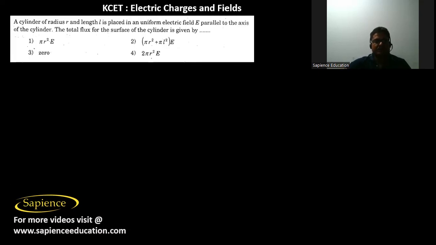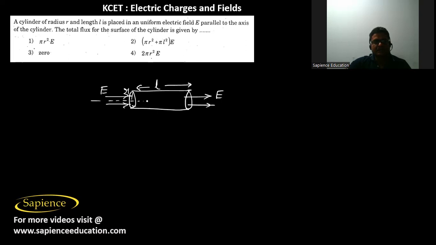Then here it is told that a cylinder of radius r and length l is placed in a uniform electric field E, which is parallel to the axis of the cylinder. So it is a cylinder whose radius is r and the length is l, placed in an electric field which is parallel to the axis of the cylinder.